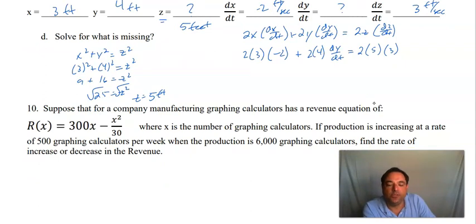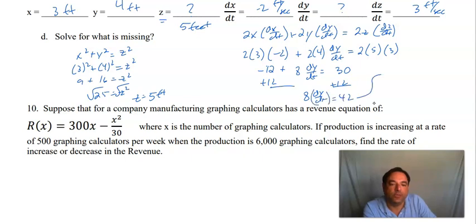So 2 times 3 is 6, 6 times negative 2 is negative 12, plus 2 times 4 is 8, dy over dt, equals 2 times 5 is 10, 10 times 3 is 30. Continue the algebra, add 12, we end up with 8 dy over dt equals 42.